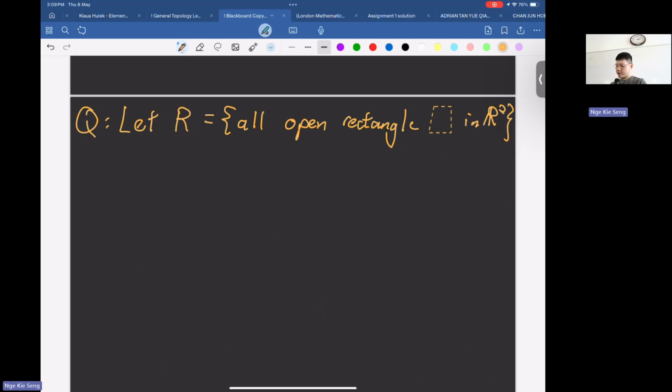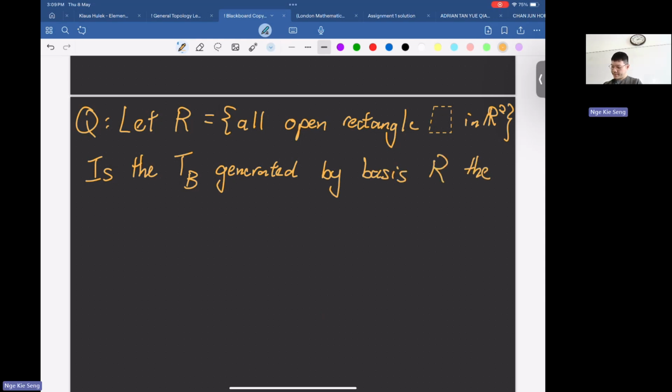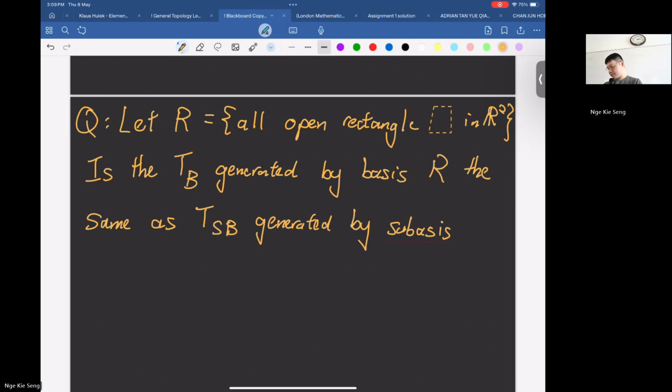Is the topology T_B generated by the basis the same as the topology T_SB generated by the subbasis?